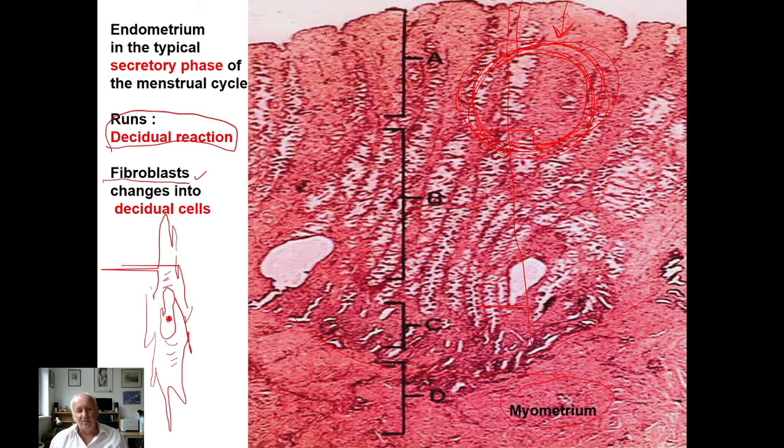The cells have to change the shape into decidual cells, storing glycogen, storing glycoproteins, storing glycolipids. Nutrition for the cells of the implanting blastocyst. Decidual cells, former fibroblasts.